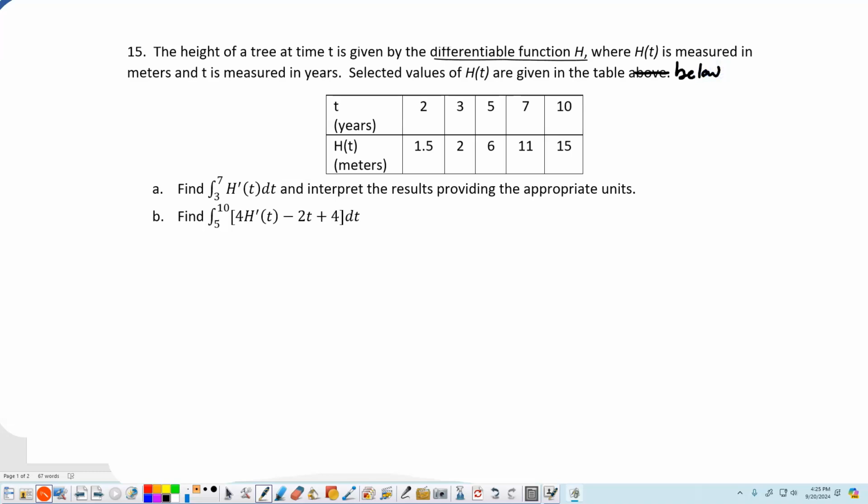All right, part A says find this integral here and interpret the results providing the appropriate units. All right, so first of all, if you integrate h prime, you get regular h.